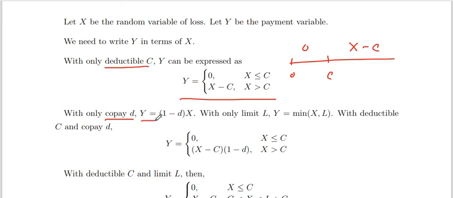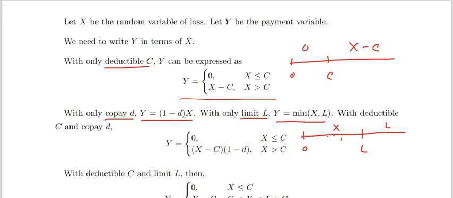So payment is 1 minus D times X. Limit means the most they will pay is this. Up to this they pay X, and above it they just pay L. Suppose they have a limit of $10,000; above $10,000, they will just pay $10,000.